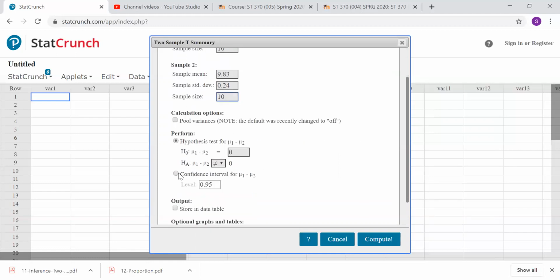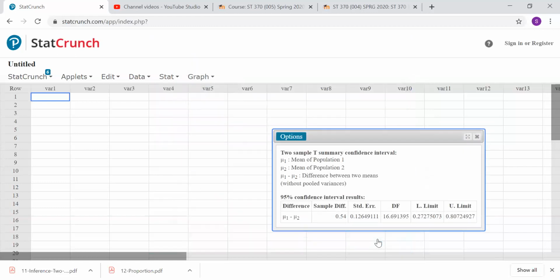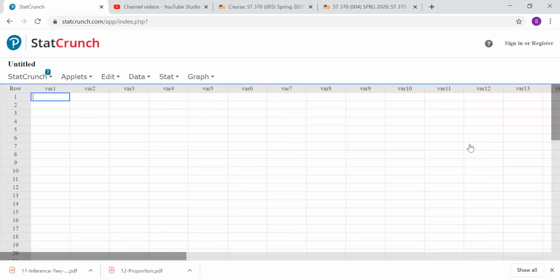We are doing the confidence interval for 95% confidence interval. Again, click compute. Your degrees of freedom is a number that is not an integer. Again, what we are using is approximation, but you see your upper and lower bound are quite similar to what we found. So that's how you could do it using StatCrunch.